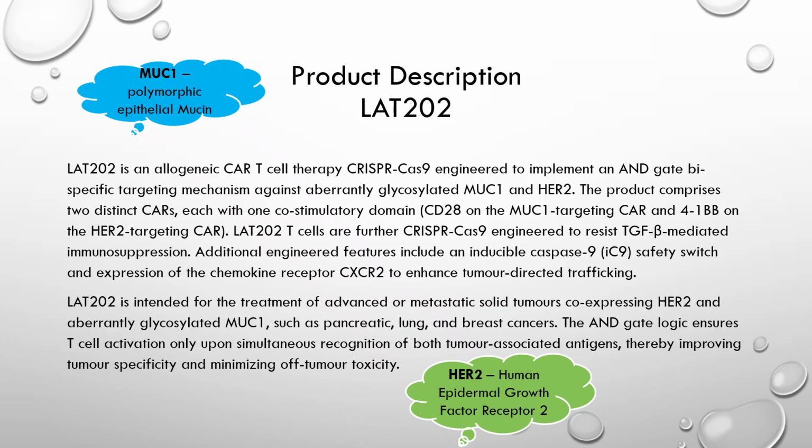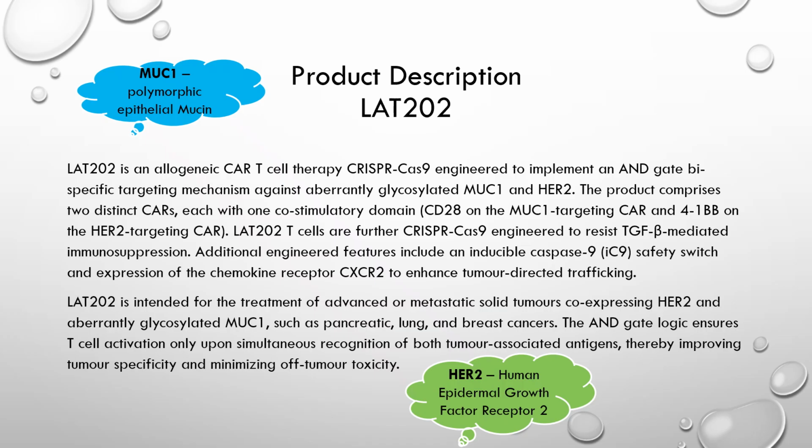One is the aberrant glycosylated MUC1, and the other is HER2, human epidermal growth factor receptor 2. The product comprises 2 distinct CARs, each with 1 co-stimulatory domain: CD28 on the MUC1-targeting CAR and 41BB on the HER2-targeting CAR.